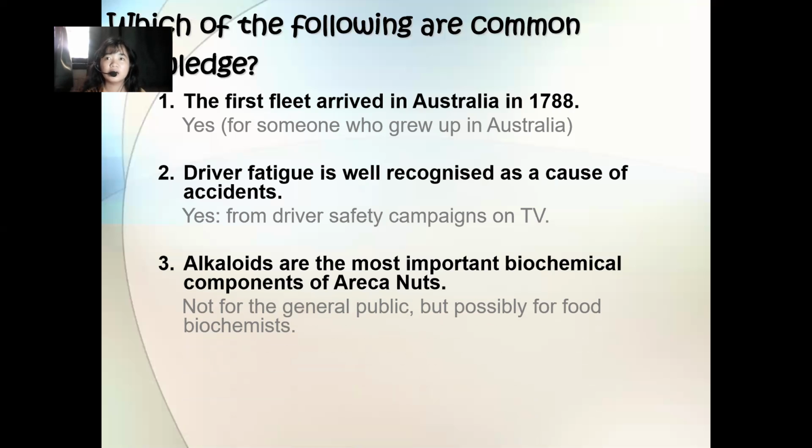But still, if you're a biochemist and you already know that alkaloids are components of areca-nuts, but you are presenting your paper to a panel who have no idea about biochemical components, then probably you need to reference it. But if your panel are all biochemists too, then no need for a reference.